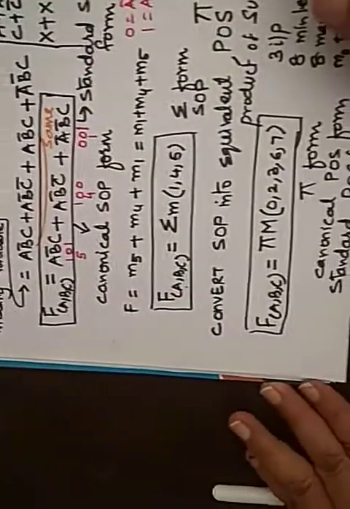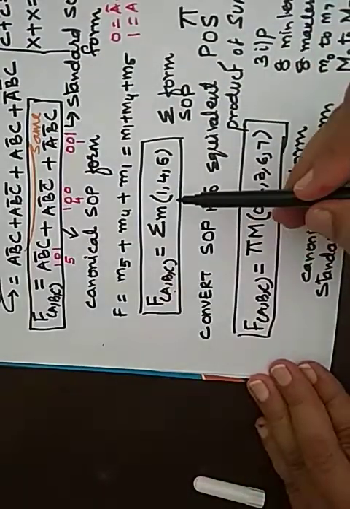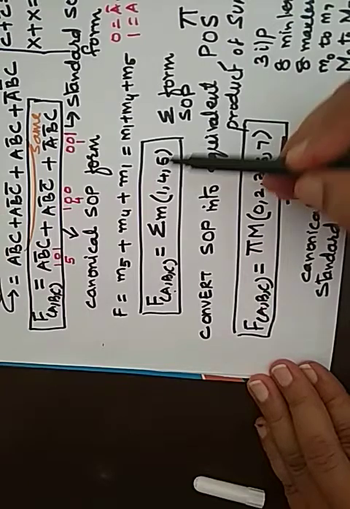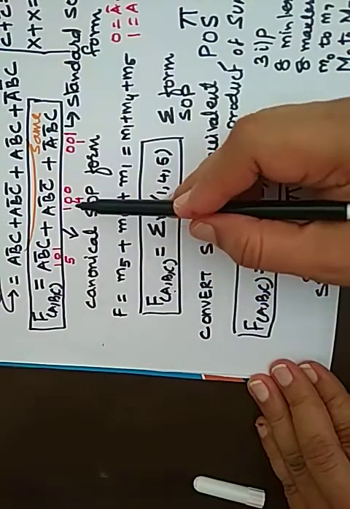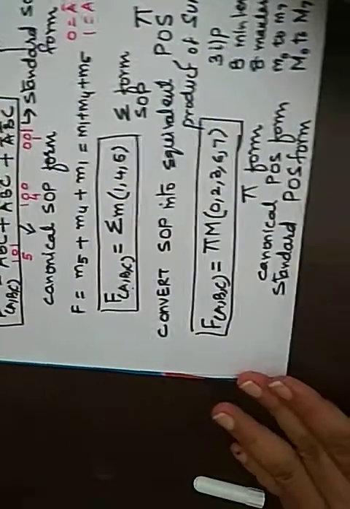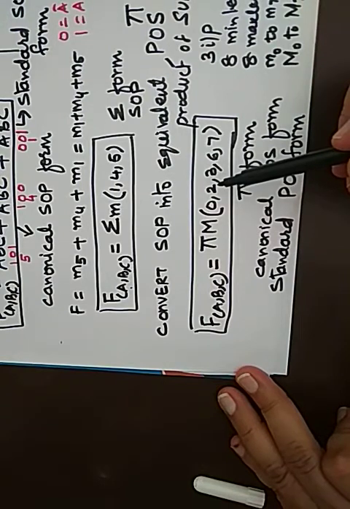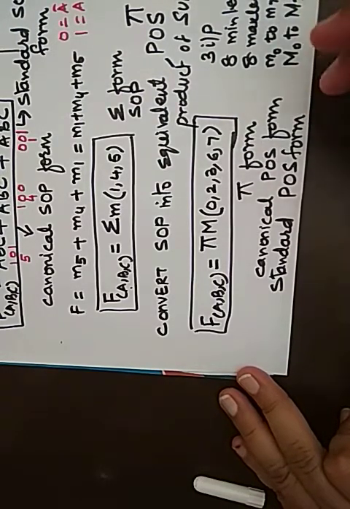This can be represented in the sigma form as 1, 4, 5. We saw the values of 101, 100, 001, and once you get the sigma form, you can write the equivalent pi form as pi m 0, 2, 3, 6, 7.